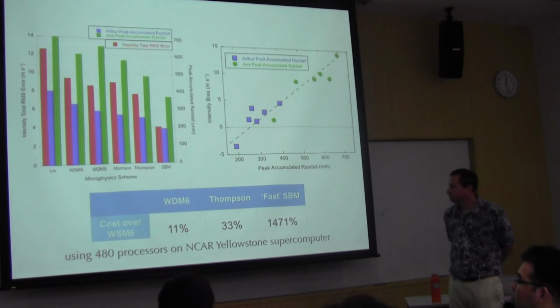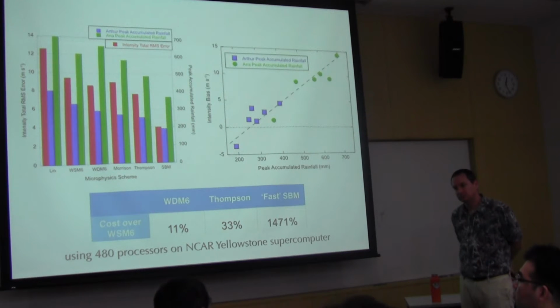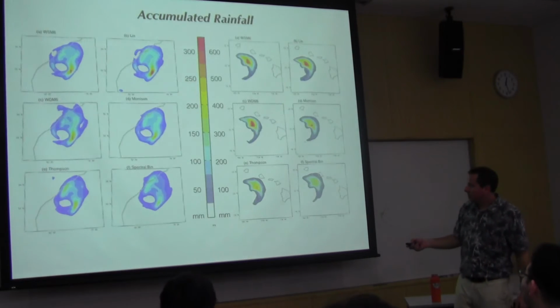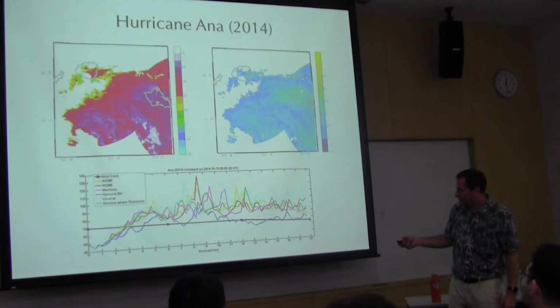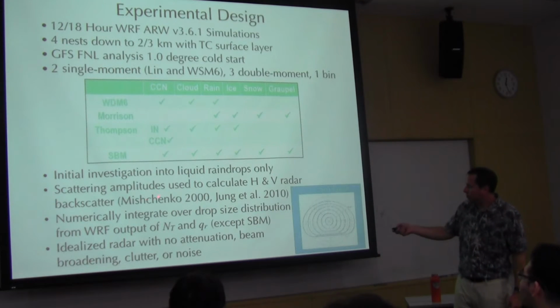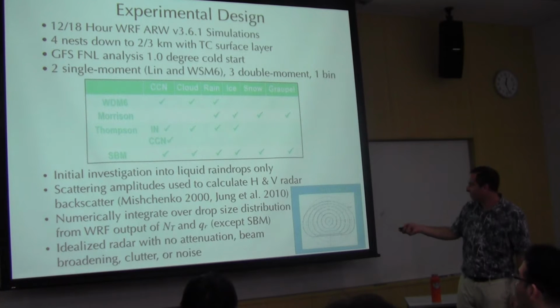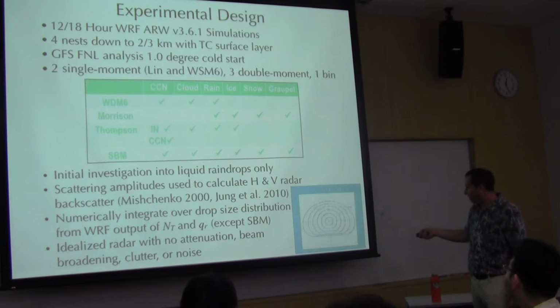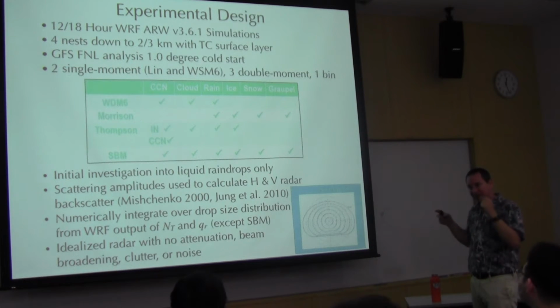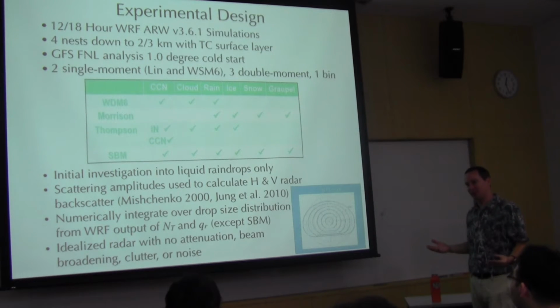Could you explain how to calculate the ZDR for the simulation? Oh, sure. Let's go back. I use the T-matrix scattering method, and we basically calculate the drop size, and then we do a scattering calculation for the drops. From the model, we have the full drop size distribution, so we can simulate exactly what the radar volume would be.